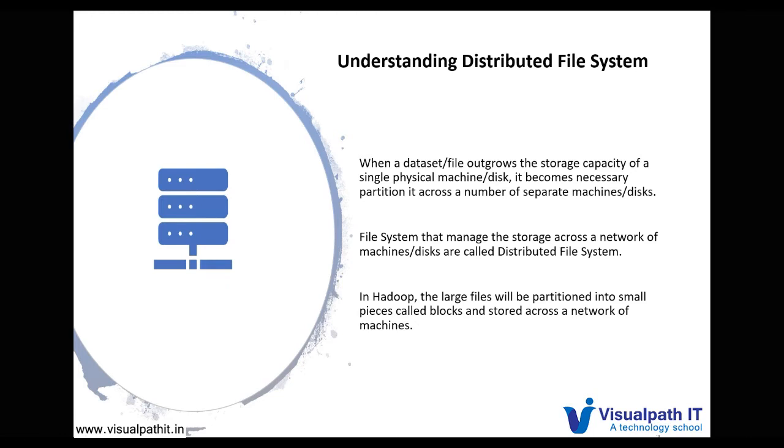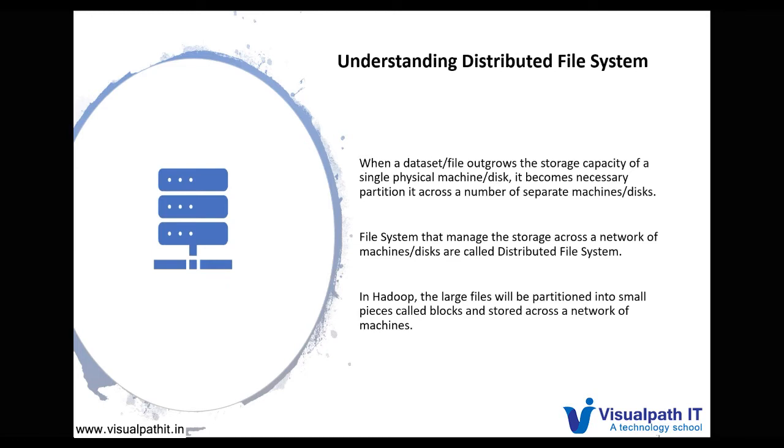Similarly, a group of computers connected in a network is called a cluster or a distributed environment. Multiple machines connected in an environment is called a distributed system. If you copy a file from outside into a distributed environment, it utilizes all the resources available in the machines, and copying, reading and writing are very fast compared to single machine processing.